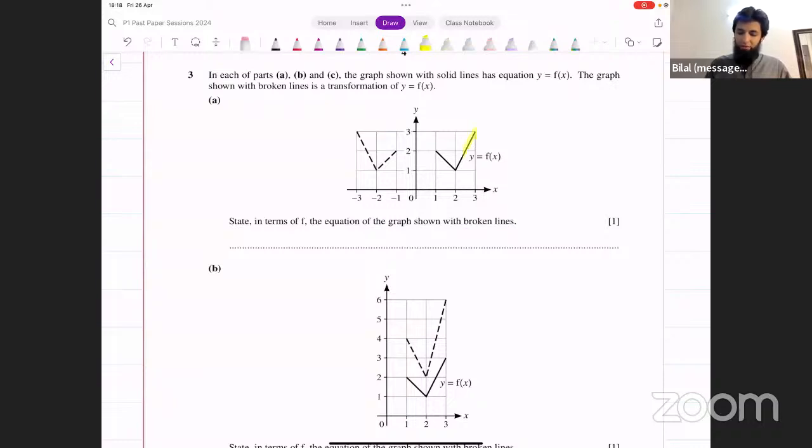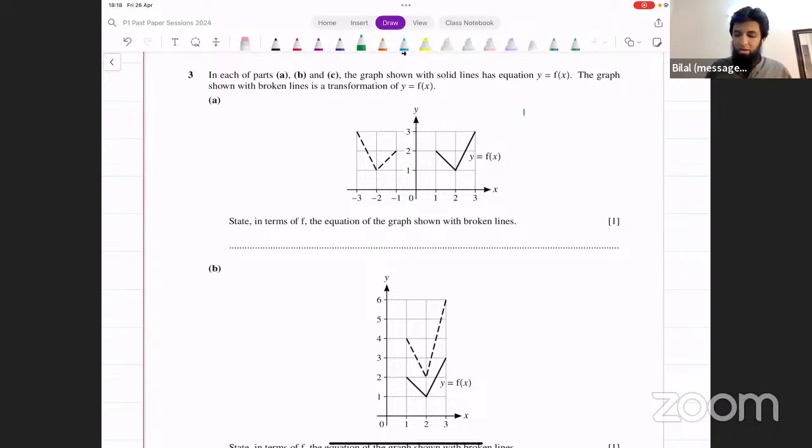Okay, so this solid graph is the original graph, and the graph with broken lines, that is the transformed graph. What transformation is this? How do you go from f of x to this graph? This is reflection in the y-axis. Line of reflection is the y-axis. Do you call this vertical reflection or horizontal reflection?